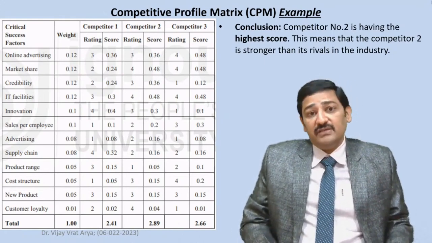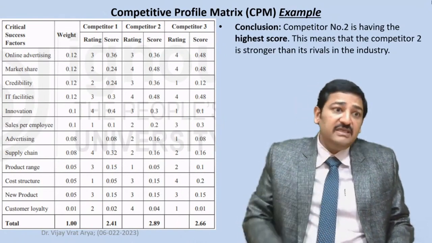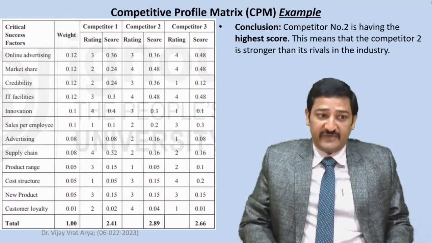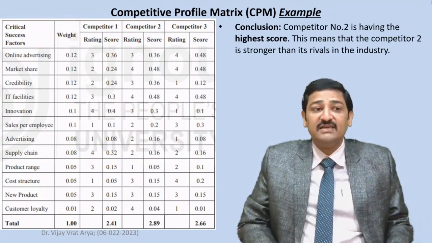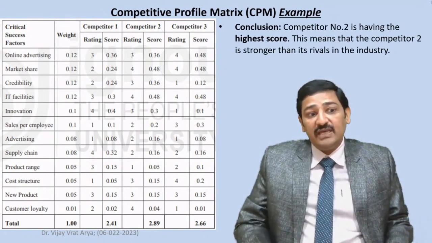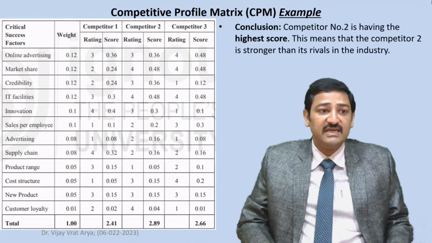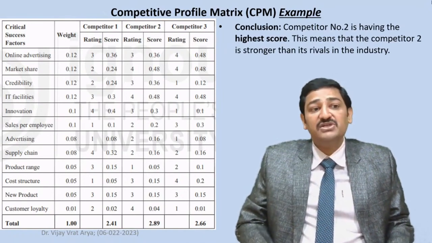Similarly, if we compare these critical success factors, these are the factors which the firm has identified from the external factors like the credibility of the firm, maybe some other areas one can easily identify like the market share.